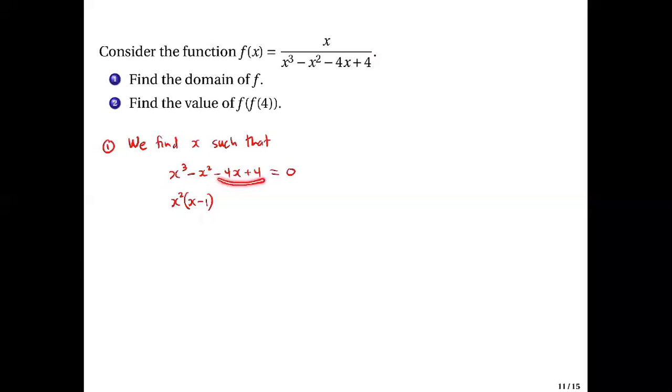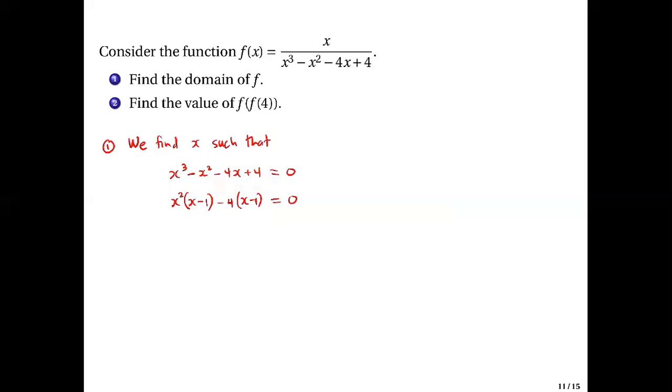For this group, we can factor out negative 4, and we will be left with x minus 1. So again, for this group, we factor out x squared and are left with x minus 1. For this group, we factor out negative 4 and are left with x minus 1 again. So this is equal to 0.